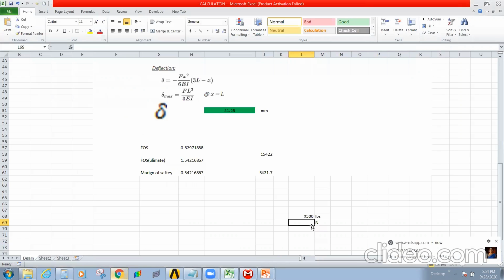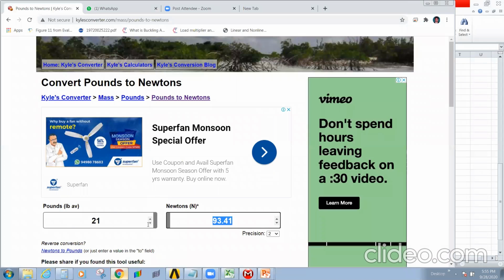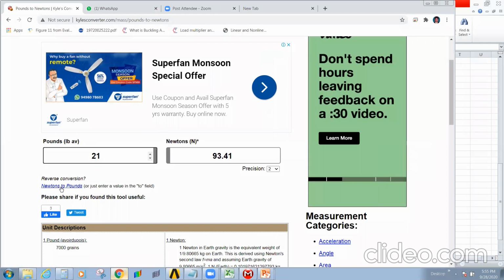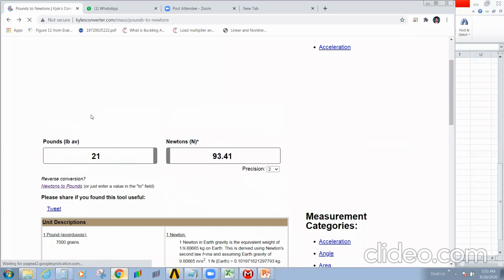Is it LBF or LBS, sir? LBF and LBS are one and the same. Sir, actually, one LBF is equal to 4 point something Newton, sir. You're talking about newton to pounds, LBF, you're saying, right?